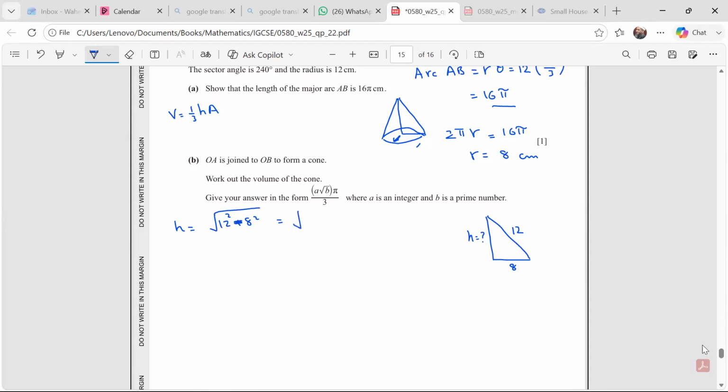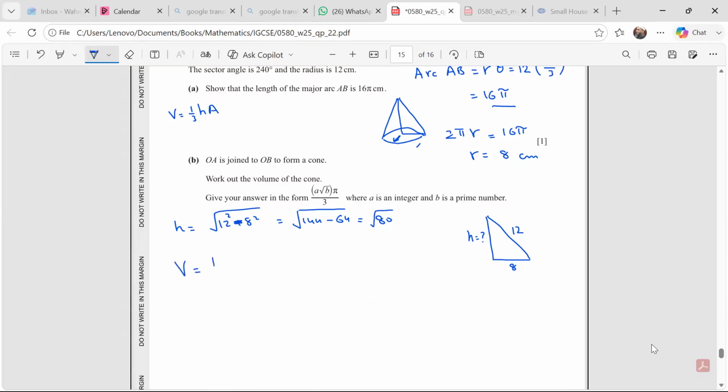So this is 144 minus 64, which is going to be 80. Now we are ready to find the volume.